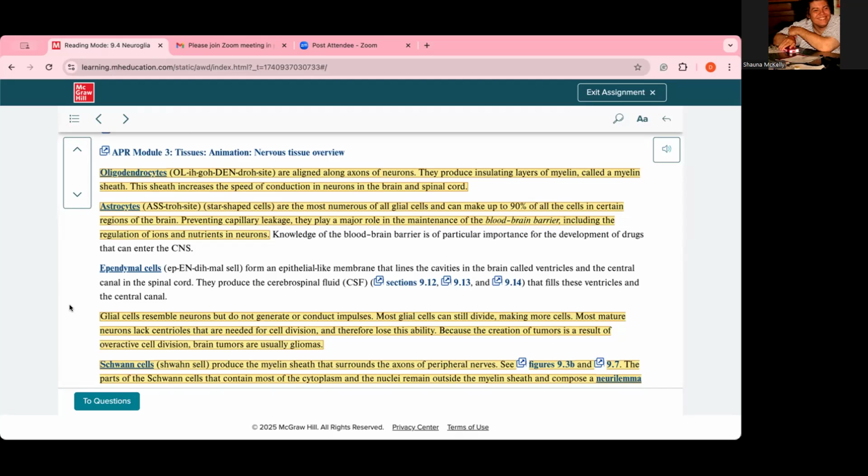Okay, so most mature neurons lack it, but glial cells can. Let's go back to the question.